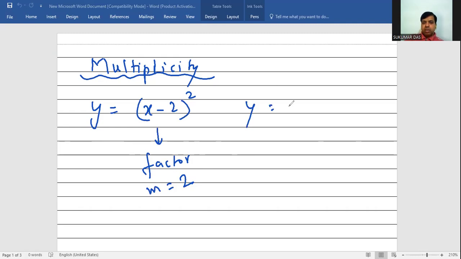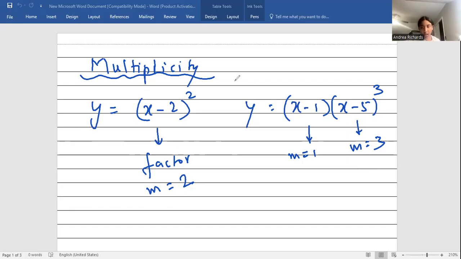Let us take another polynomial function. y is equal to (x minus 1)(x minus 5) to the power 3. So it has two factors. This factor has multiplicity 1. This factor has multiplicity 3. These are called the multiplicity.